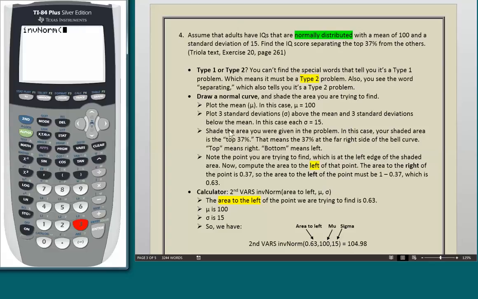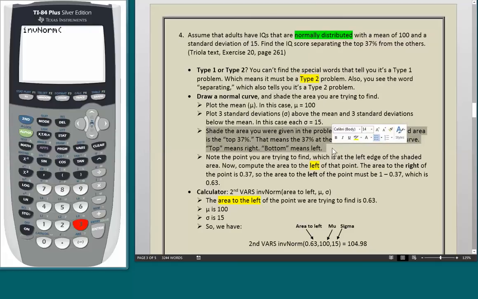Keep rereading this bullet right here. Read this several times and get the idea of why we're putting 0.63 in here and not 0.37. Okay, actually read both of these bullets. This is very, very important, and it's an area that many students have trouble with. So take your time and make sure you get what's going on there.